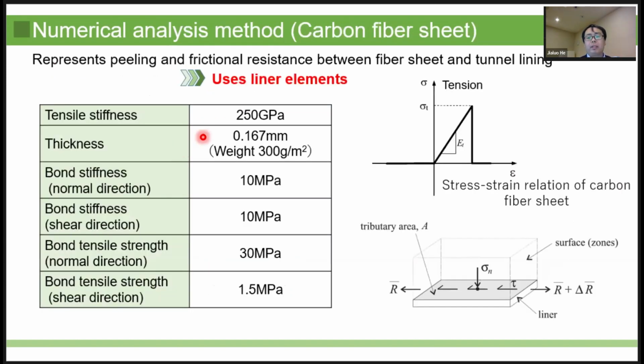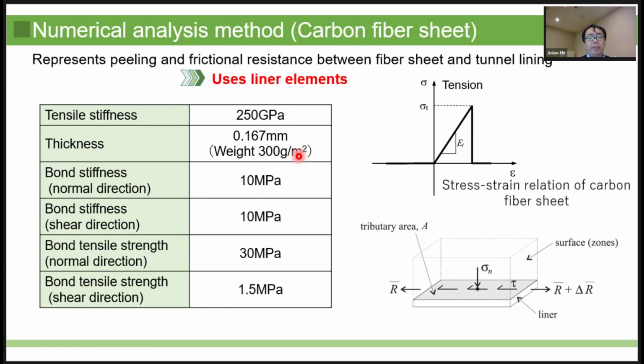A liner element was used for the carbon fiber sheet. For the carbon fiber sheet, the input values were set in consideration of peeling and frictional resistance between the fiber sheet and the tunnel lining.